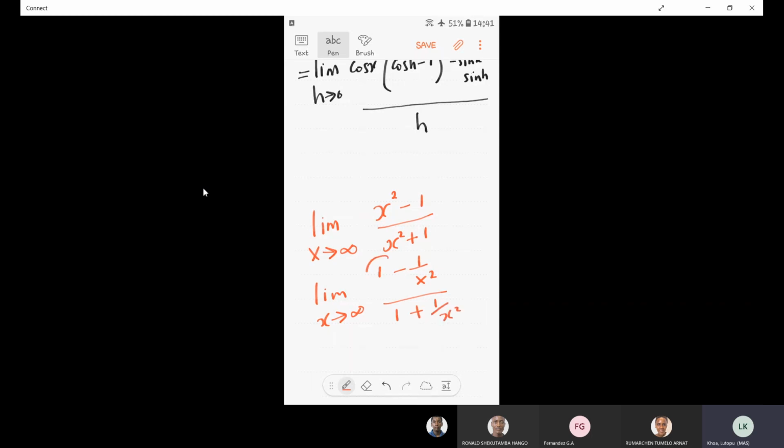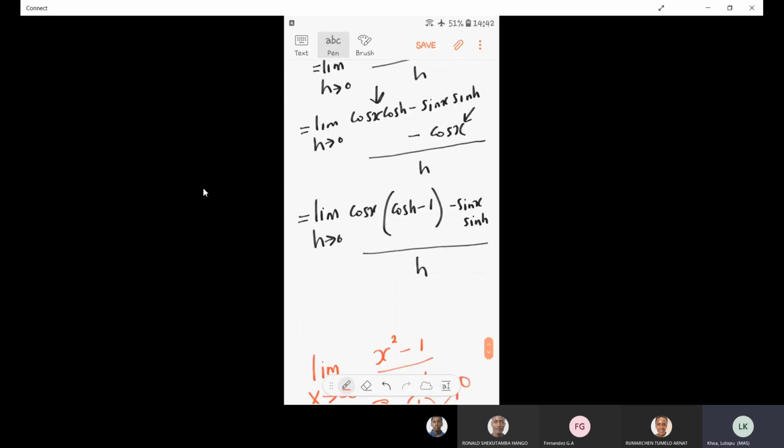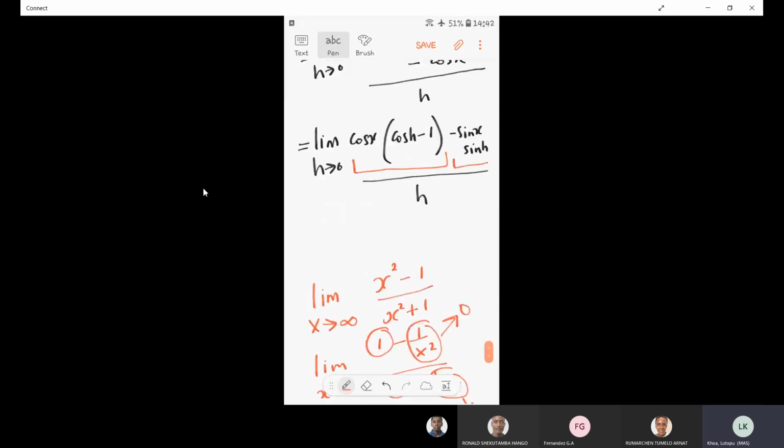And then I said this limit remains 1, this one goes to 0, this one remains 1, and this one goes to 0. And then I added everything together. Now this is the same as working out the individual limits and then working out your final answer. So what I mean by that is when you have a sum or a difference like this, the limit of a difference is just the difference of the limits.